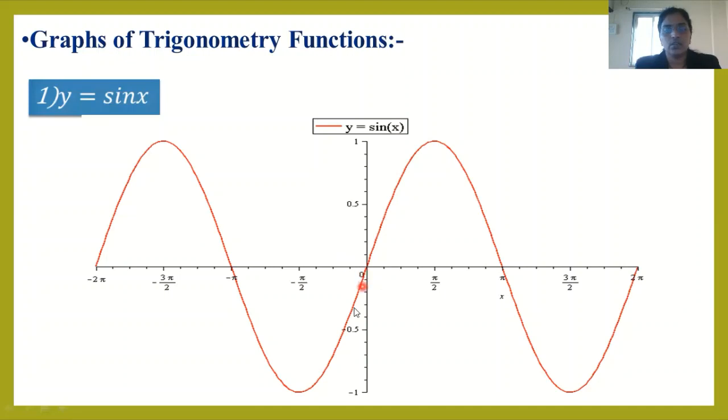Now sin of minus pi by 2 is -1, sin of minus pi is 0, sin of minus 3 pi by 2 is 1, and sin of minus 2 pi is again 0. If we plot these, it is a sine curve. This one is the graph for sin x.